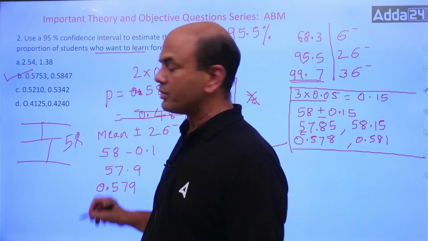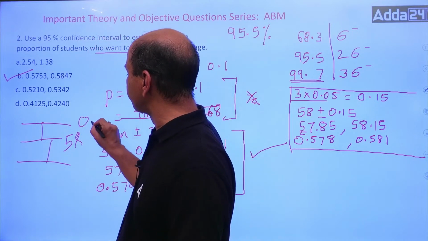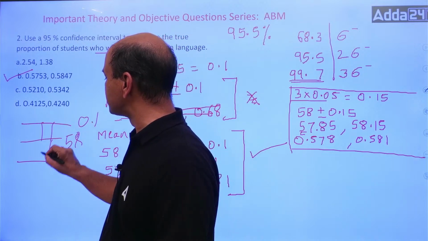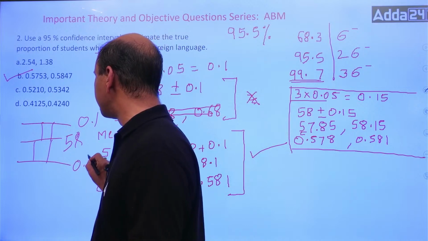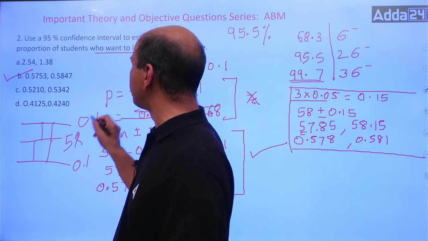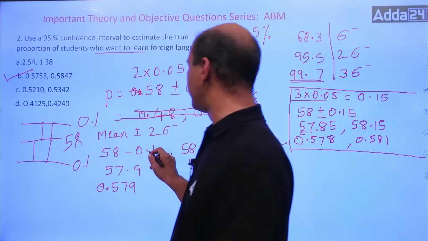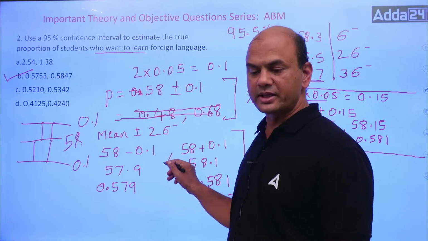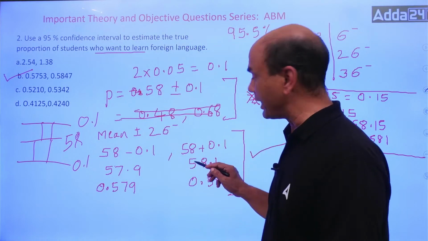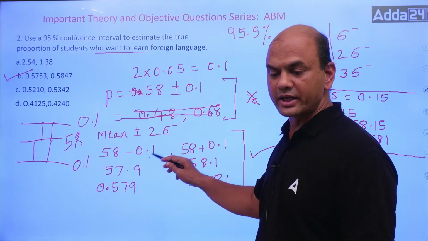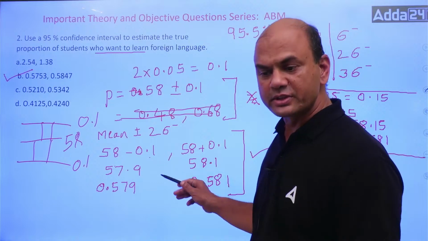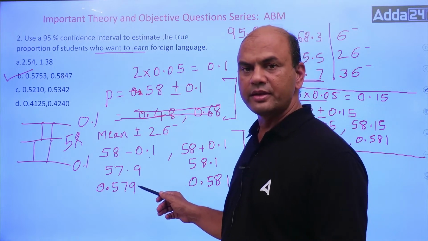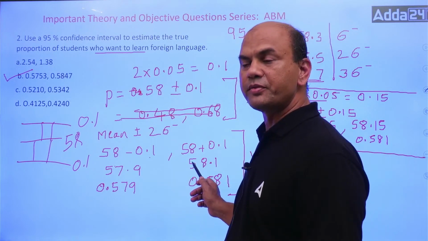So it means 0.1 over here plus, and 0.1 over here minus. So it will be 58 plus 0.1 on the upper side, and 58 minus 0.1 on the lower side. So your answer will be 57.9 and the second answer will be 58.1.